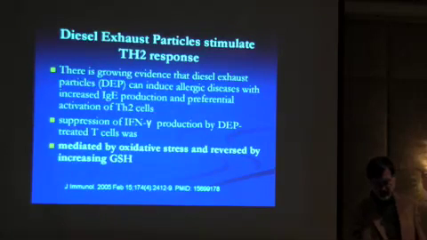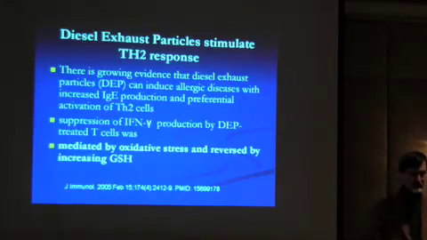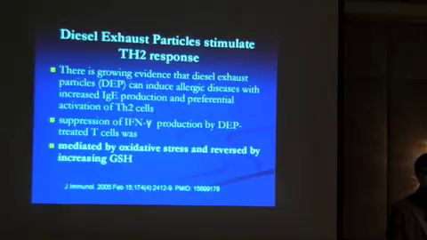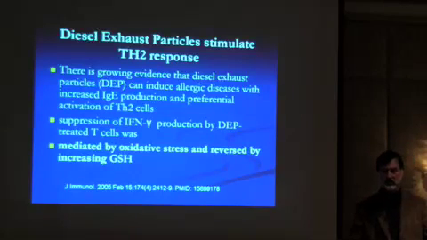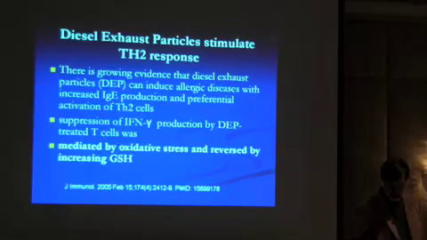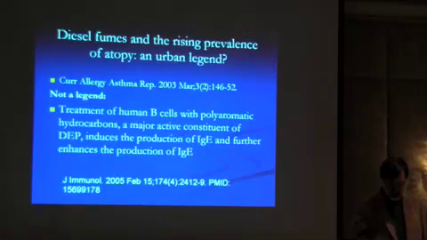This has been known for some time. It's not accepted, but you can take rabbits and expose them to ryegrass and they won't get allergic unless you expose them to diesel exhaust first. That's where I first learned about it, probably in the late 90s. So diesel fumes, is this why there's a rising incidence of atopy?